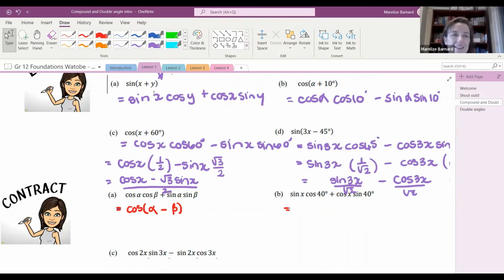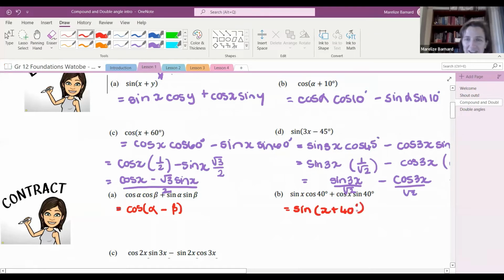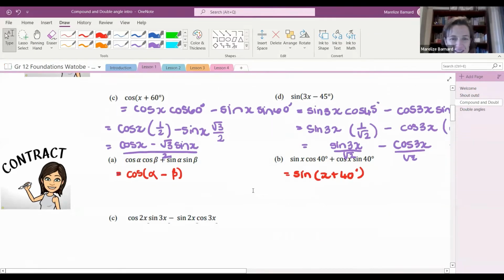Thanks for that, Mr. Lucky. That's very good, yeah. Cos, change sign, sine, same sign. Not confusing at all. Sine x plus 40, I agree. Well done, everybody. Sine x plus 40. Okay, well done. You're on fire this evening.